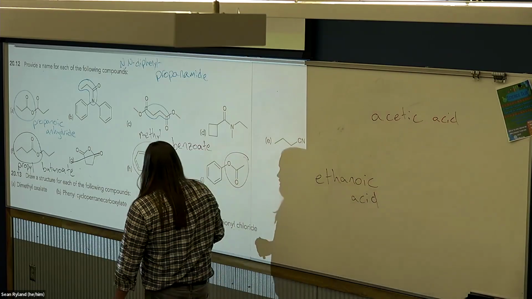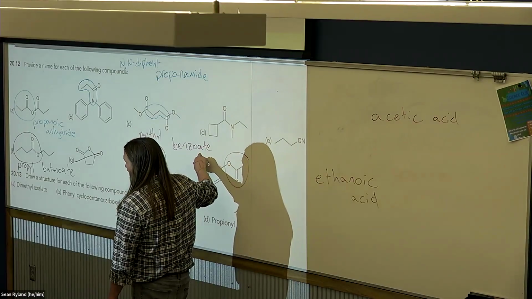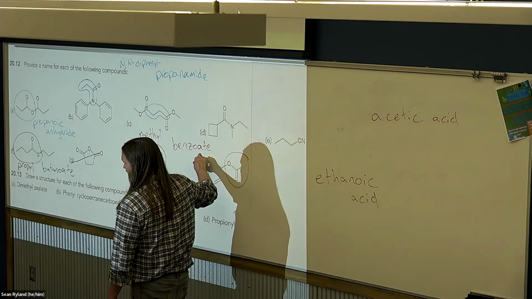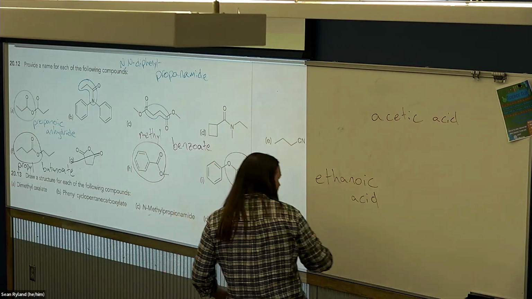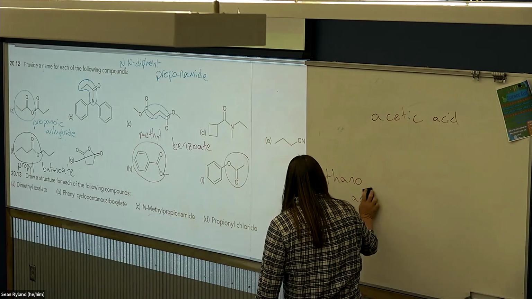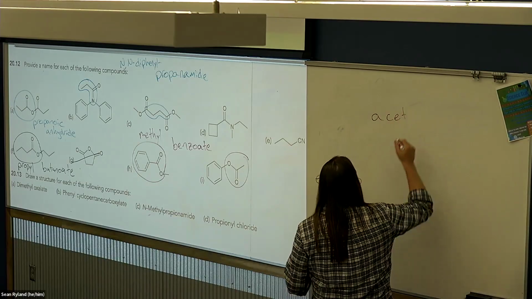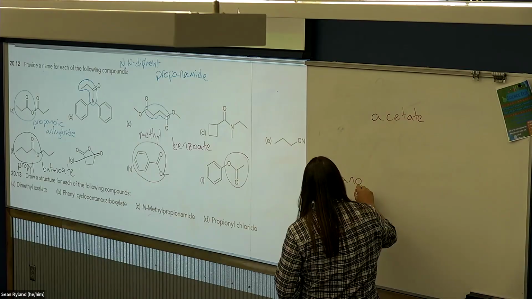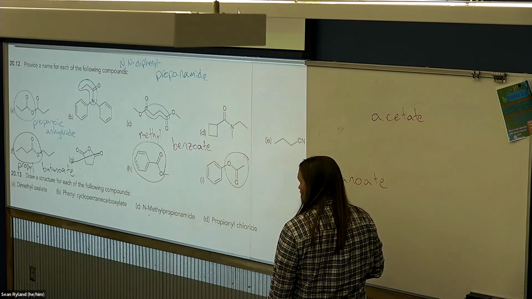So for the esters, just like we did here, you name it like it's the acid, and then you drop the -ic ending and write -ate because it's deprotonated. So ethanoic acid or acetic acid, either way, drop that ending and write -ate. Acetate.